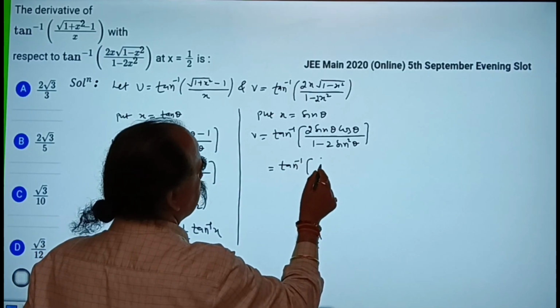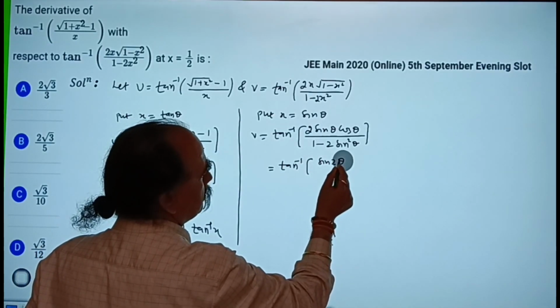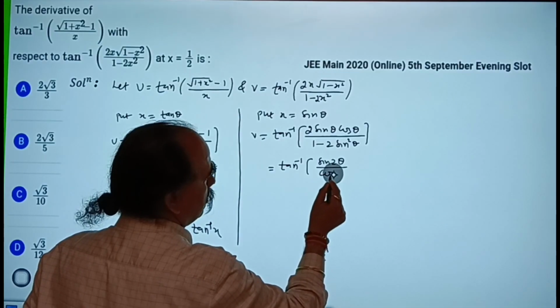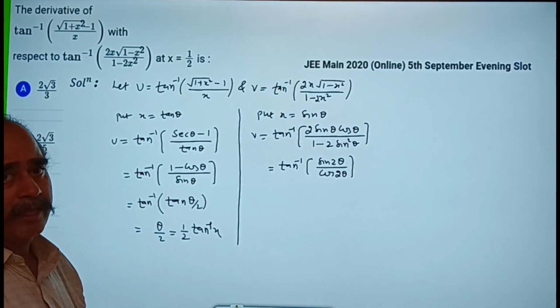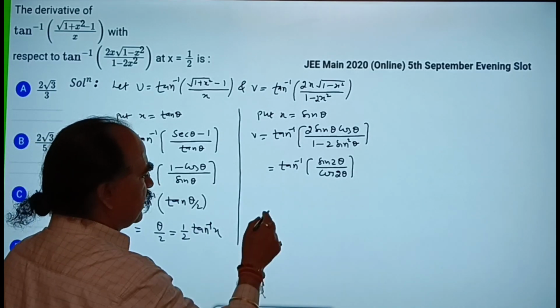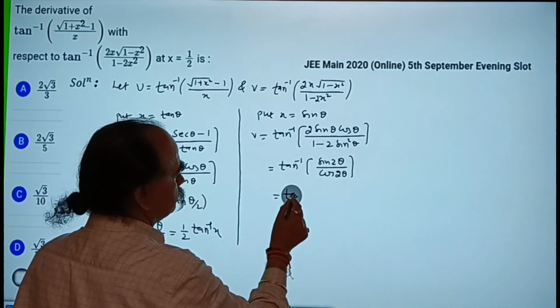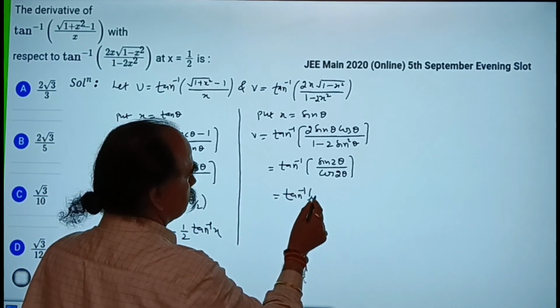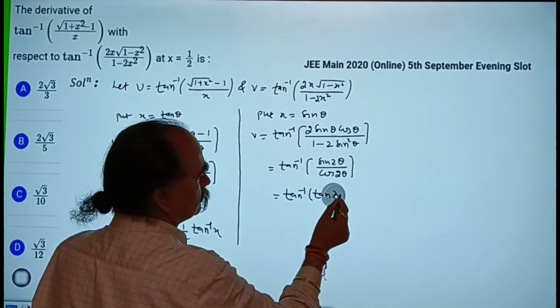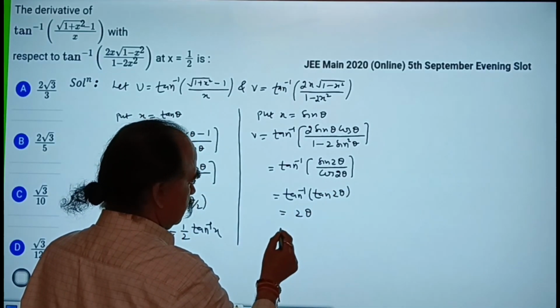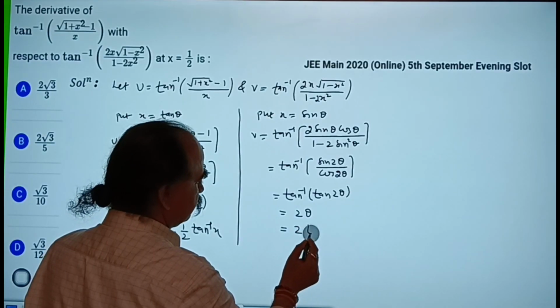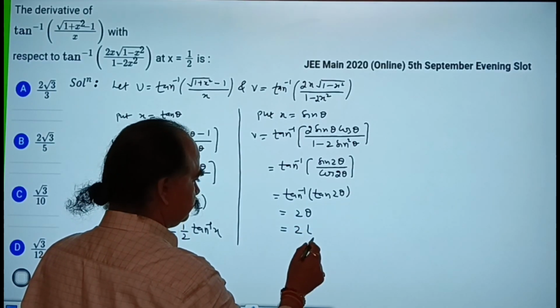Tan inverse of sin 2 theta upon cos 2 theta. Now tan inverse tan 2 theta will give you 2 theta, and theta is sin inverse x.